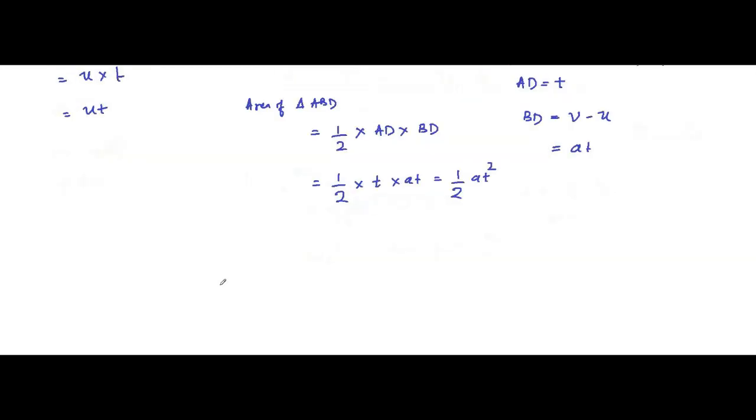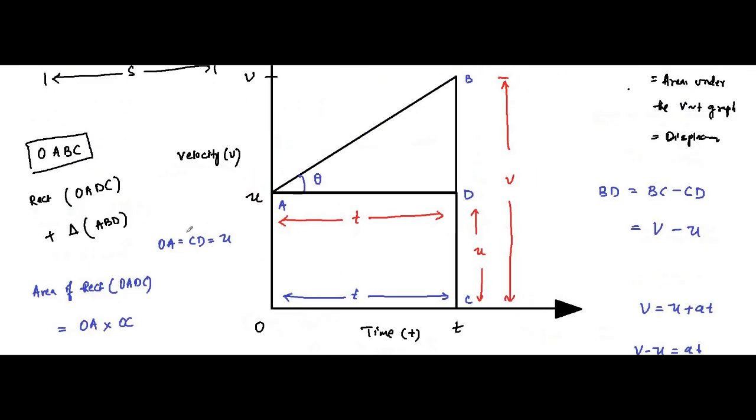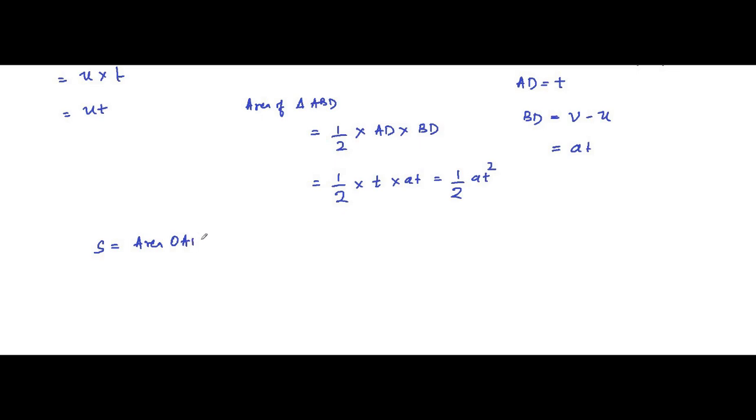So here the total displacement of the particle is equal to the area under the velocity time graph, which is equal to OABC, which is equal to the area of OADC plus the area of triangle ABD, that is equal to ut plus half at square, which is the second equation of motion.